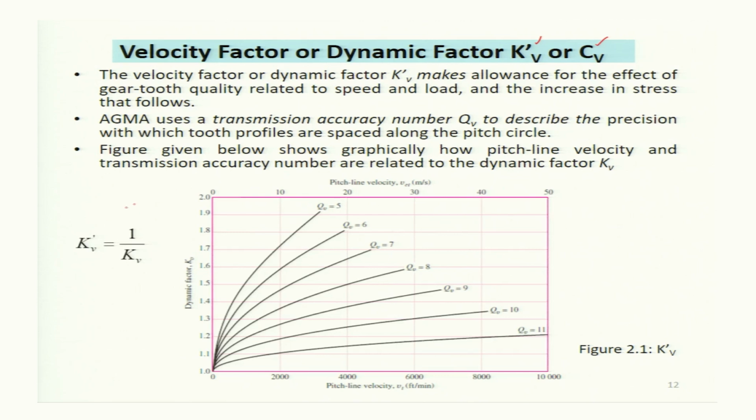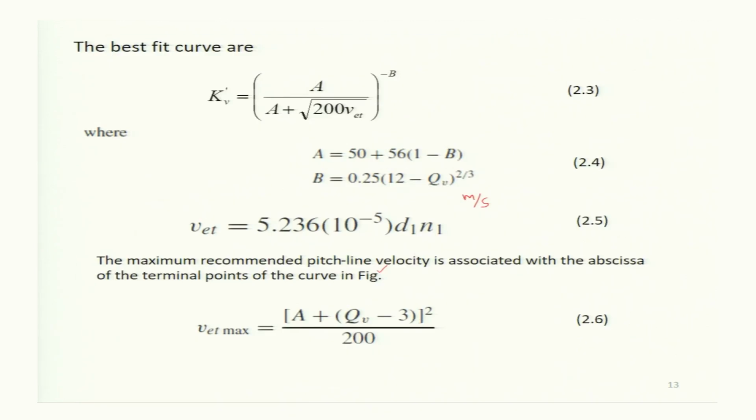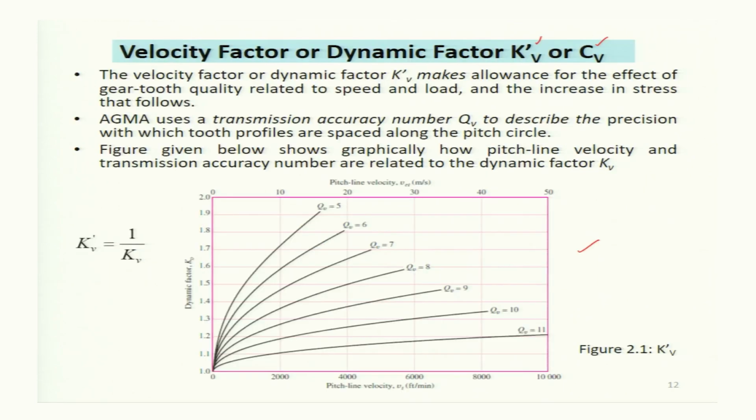Okay. Similar to the previous analysis, we will determine the value of Kv either using the quality factor and the equations. This equation, Kv dash, is A divided by this one, A is given by this, B is given by this. B is in terms of quality value, and if the quality value is given, then directly you can get the value of Kv knowing the pitch line velocity.